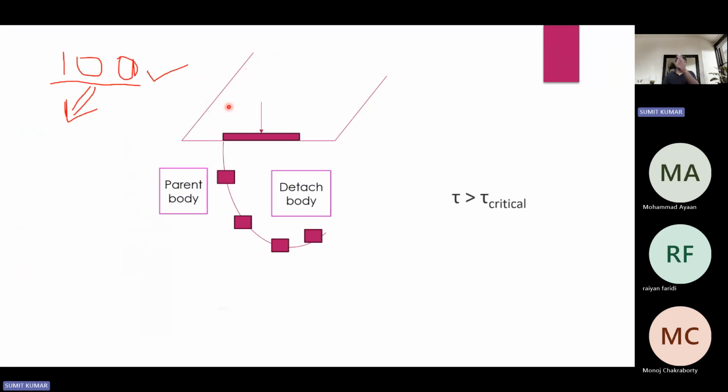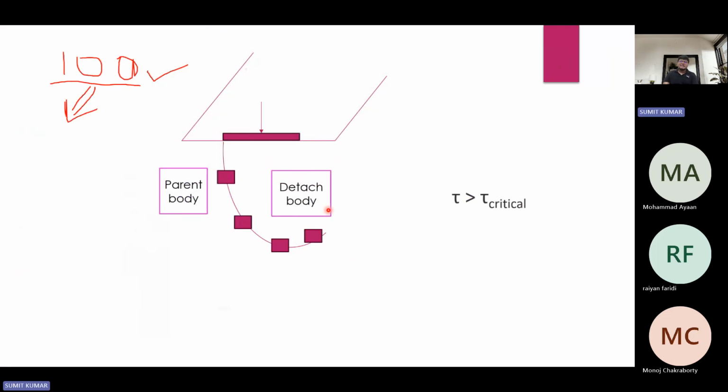When you go in that direction, that is the direction in which the soil is moved ahead. But at the time of failure, these cross sections get detached from the whole soil section. So this is the detached body, while the whole cross section may be mentioned as the parent body.